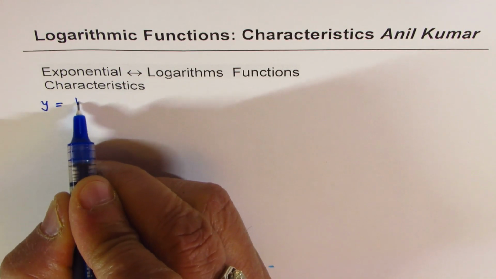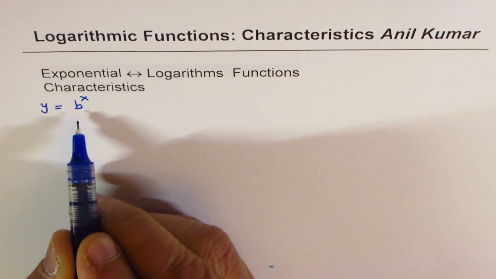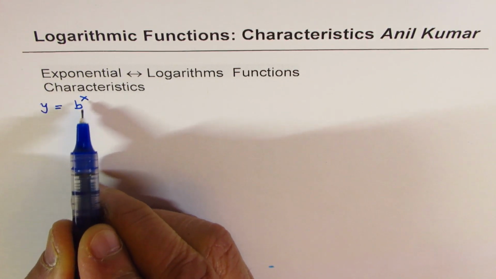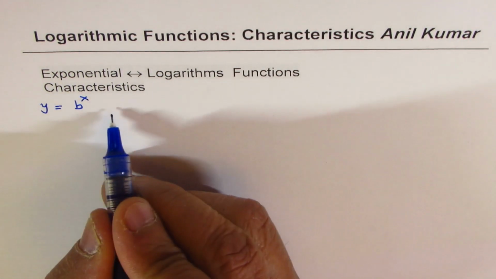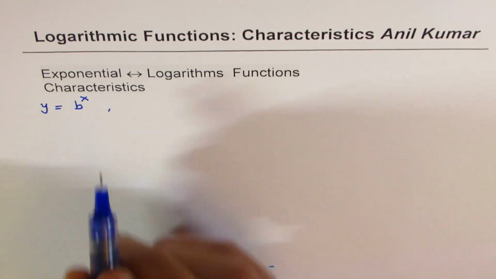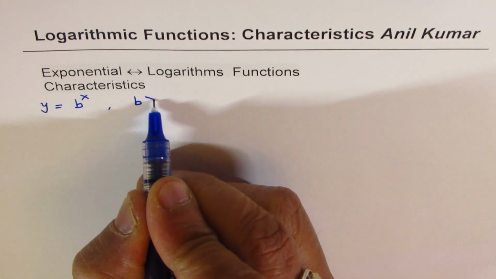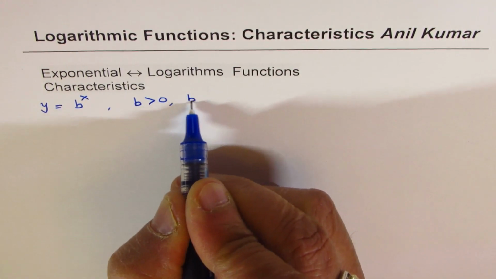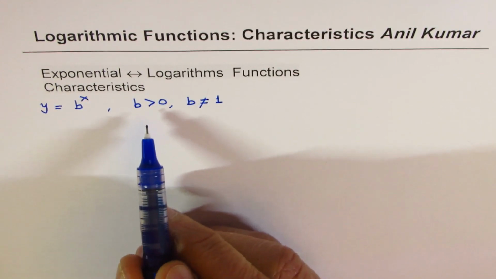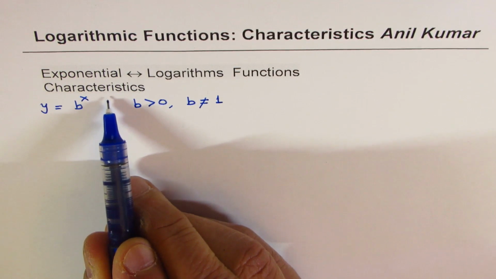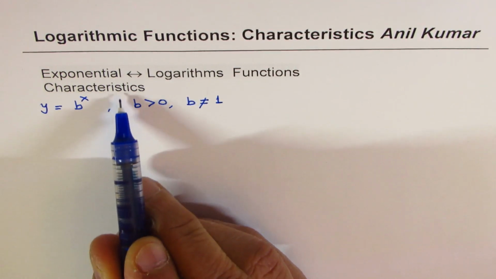Let me write y equals b to the power of x, where b is the base and x is the exponent, right? Now on the base, we have restrictions that b should be greater than 0 and b is not equal to 1. The reason is, if b is negative, the points on the graph will go up and down.